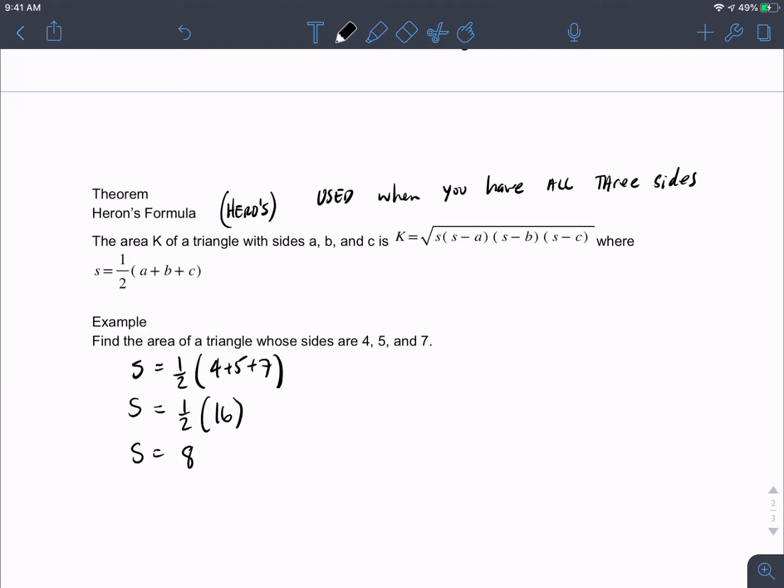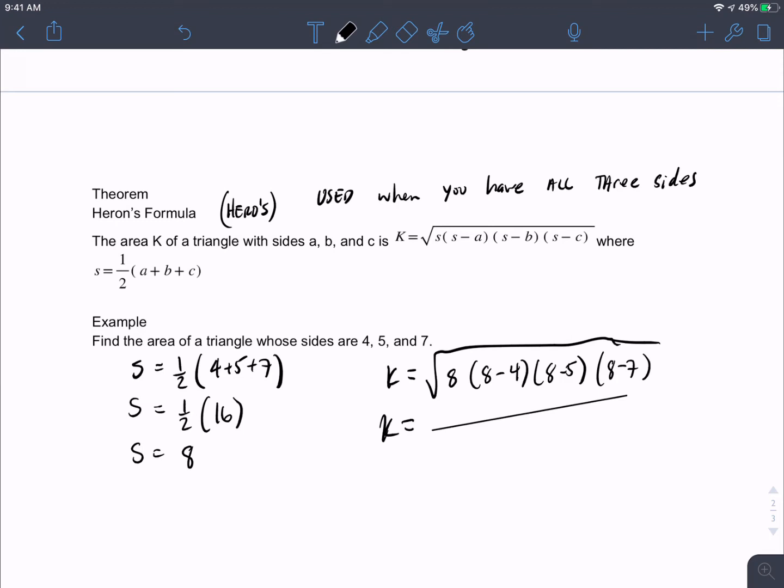Now to find the area, we now use Hero's formula. And it's going to be K is equal to the square root of 8 times 8 minus 4 times 8 minus 5 times 8 minus 7. And that's going to give me 8 times 4 times 3 times 1.